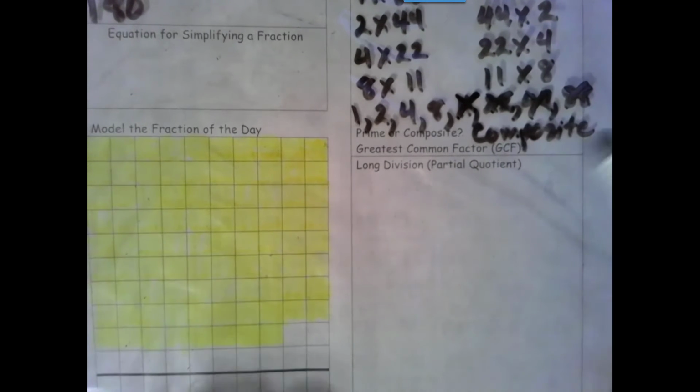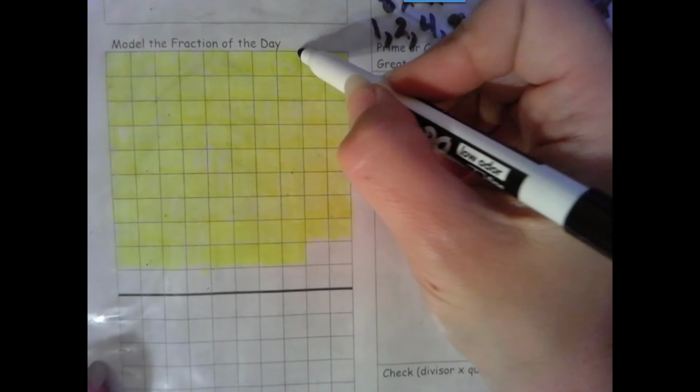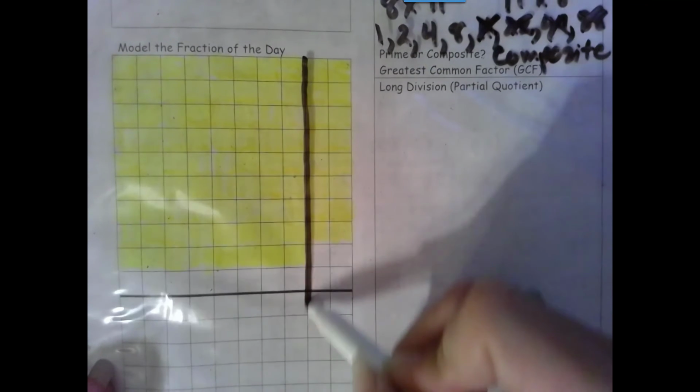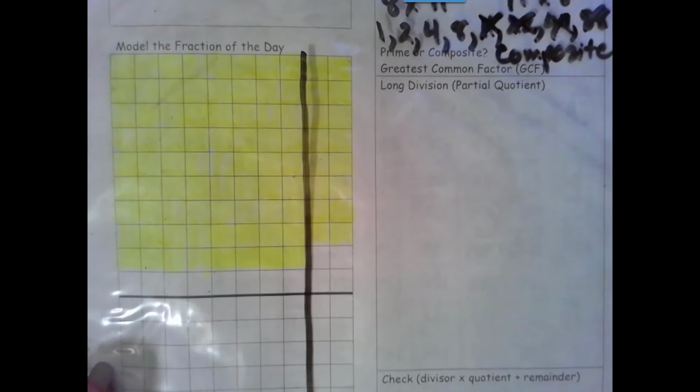Alright. Let's try 8. Okay, so I'm going to take 2 off of each of my groups here, because 10 take away 2 makes 8.